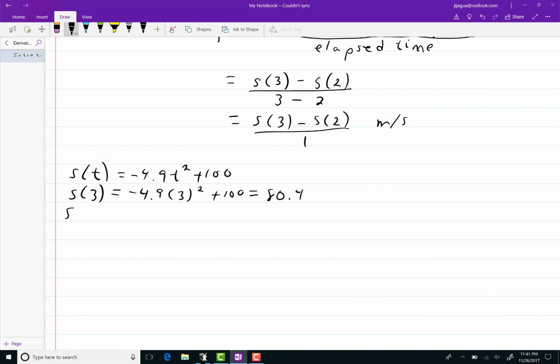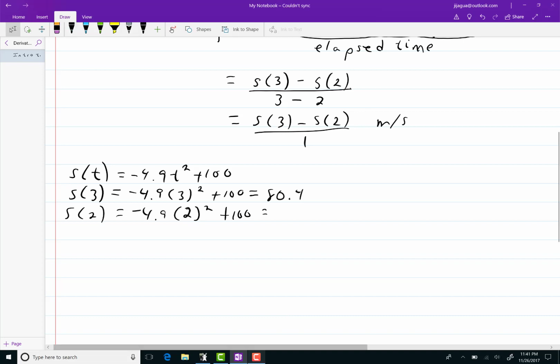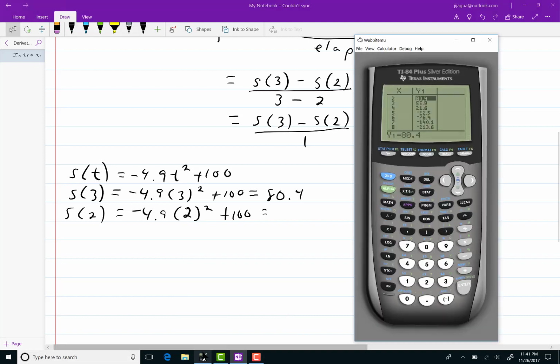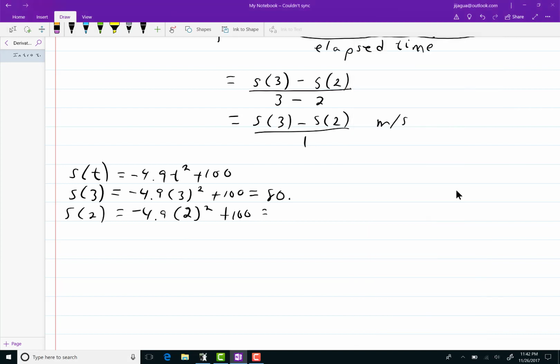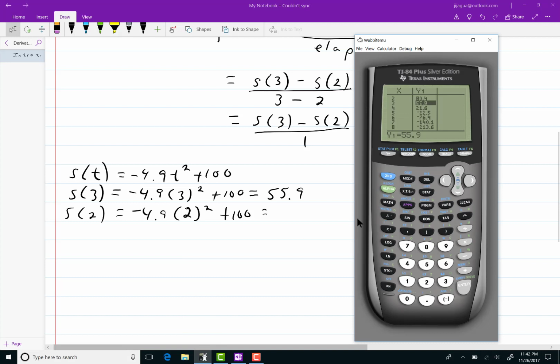s of 2 equaled negative 4.9 times 2 squared plus 100. I did them backwards. The 3 was 55.9, and the 2 was 80.4.